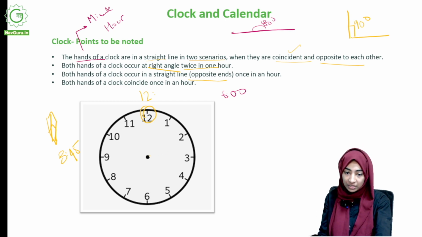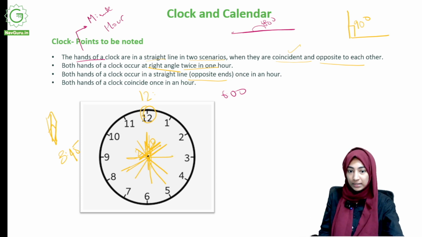So for example, if it is at 2, you can draw the minute hand at 8, 2:40. Similarly, 12:30, 6 o'clock. So you can draw it only once in an hour for every hour.